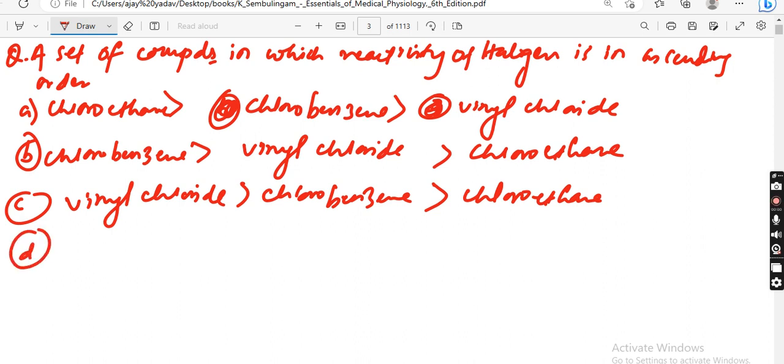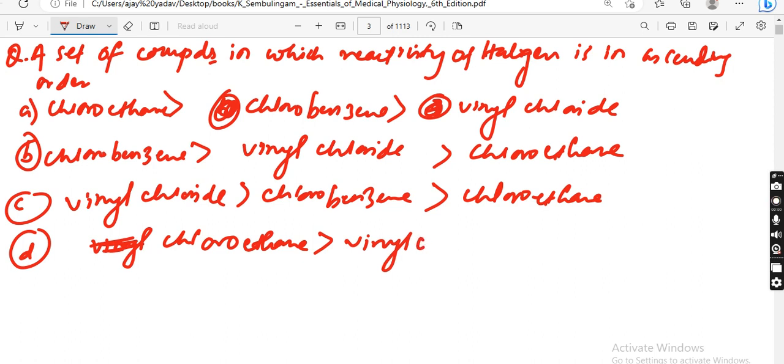Option D is vinyl chloride, chloroethane, chlorobenzene, in ascending order.